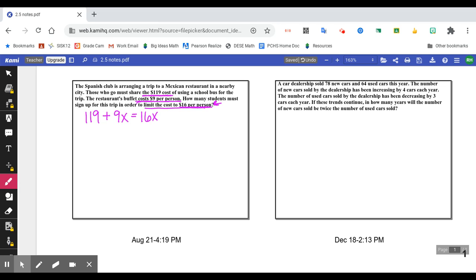Okay, now we just have to solve. So subtract 9x from both sides. We have 119 equals 7x. Divide by 7, and x equals 17. So how many students must sign up for the trip to limit the cost? 17 students need to go.